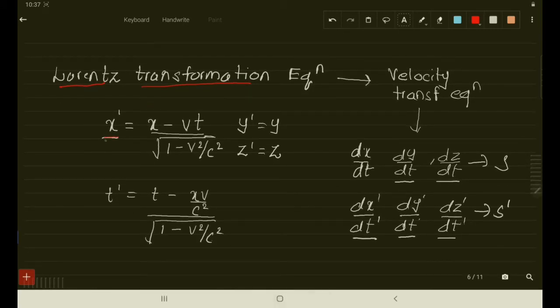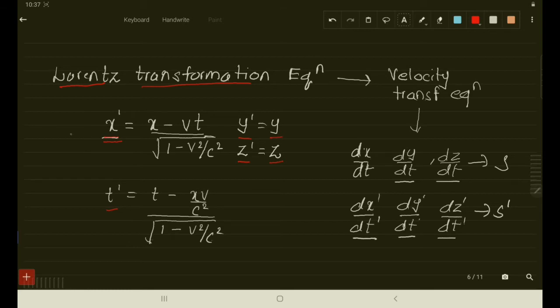So this coordinate is going to change according to the Lorentz transformation equation, whereas y dash and z dash are the coordinates perpendicular to the motion of the frame of reference. According to the Lorentz transformation equations, these are not going to change; they will remain the same in both frames of reference. And for t dash we have the equation t minus xv divided by c square, divided by the whole factor.